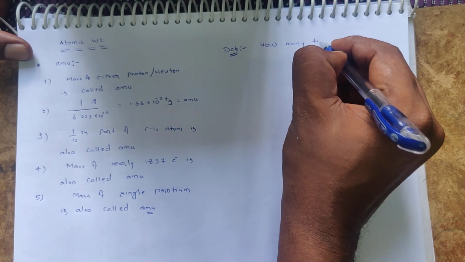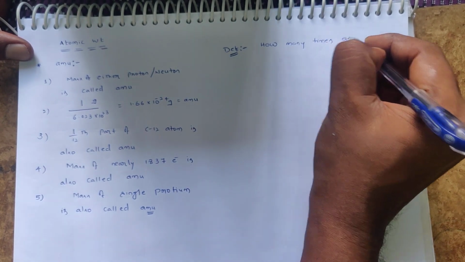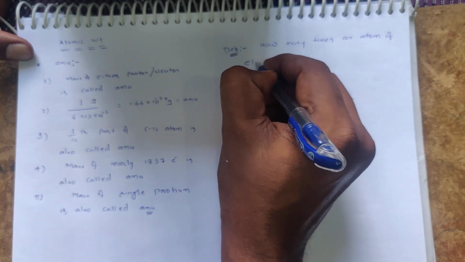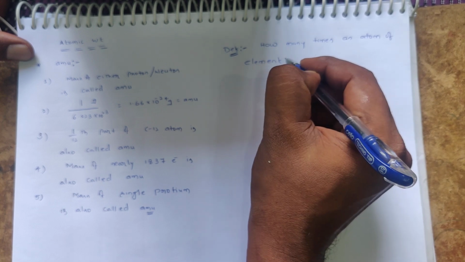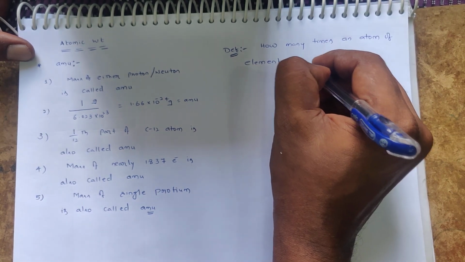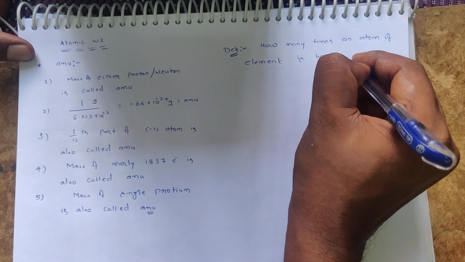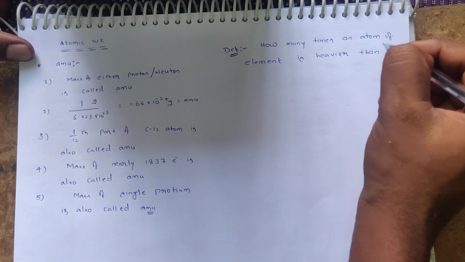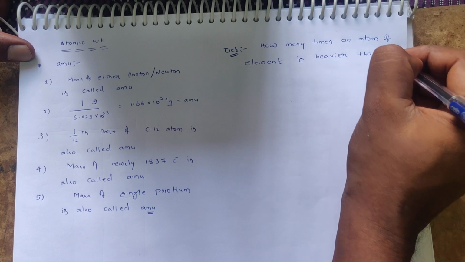How many times an atom of element is heavier than 1 AMU?